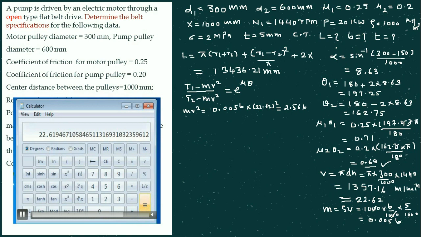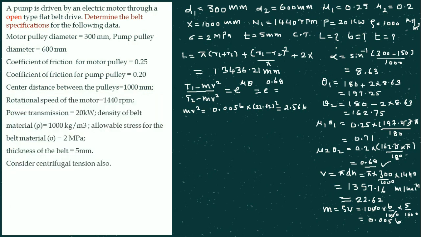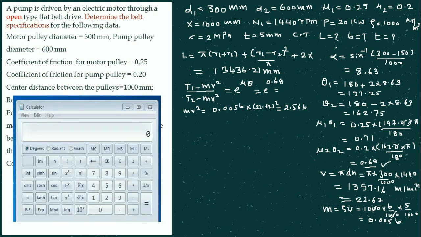Before substituting these values in the above equation, let's calculate the value of e raised to mu theta. We know the value of mu theta, that is 0.68, so e raised to 0.68 is 1.97.